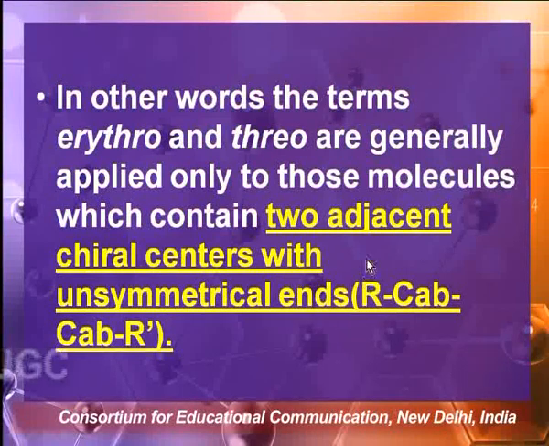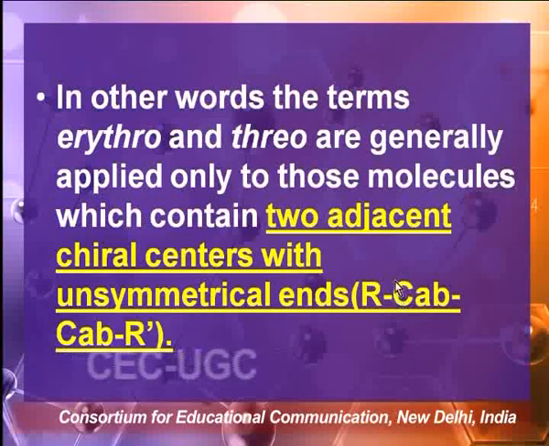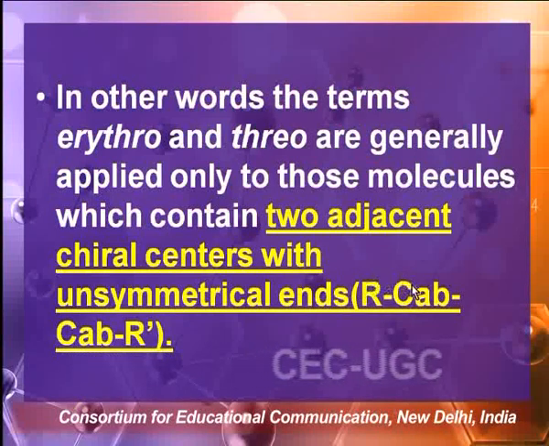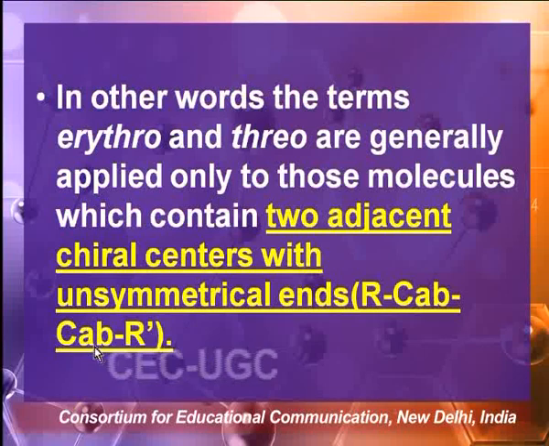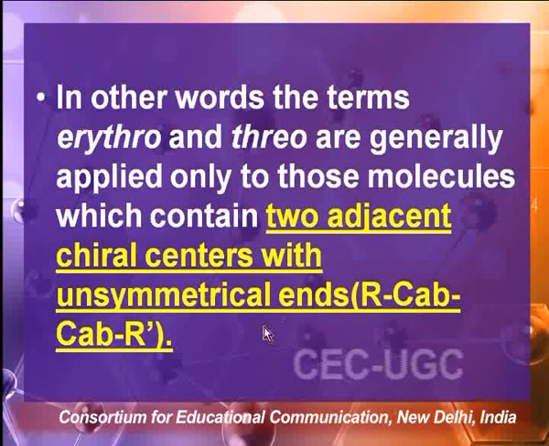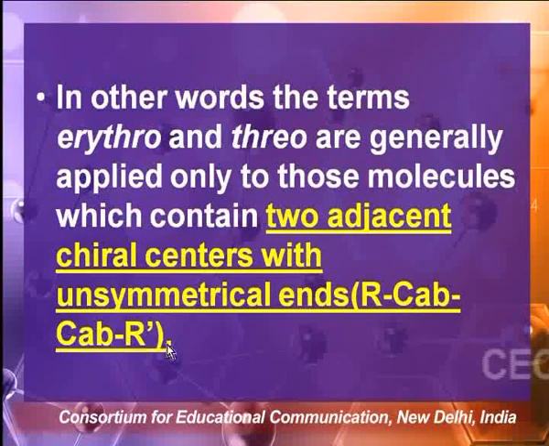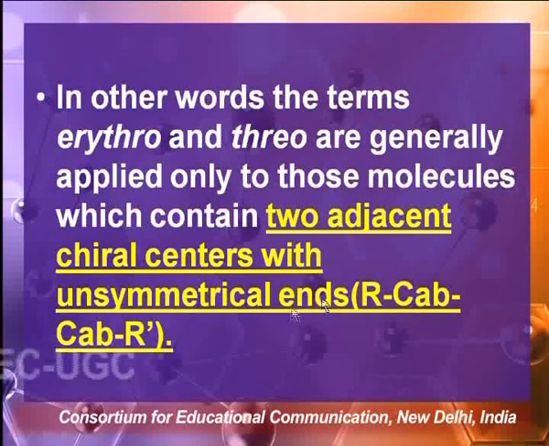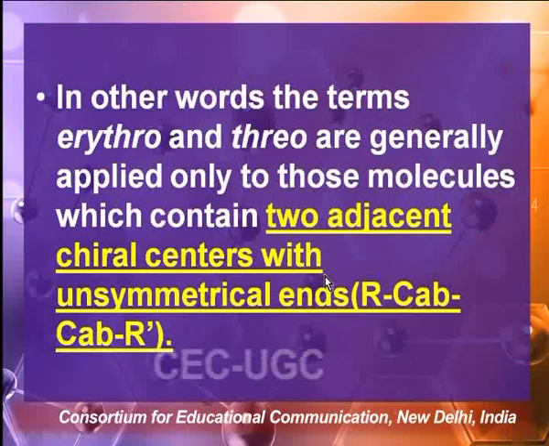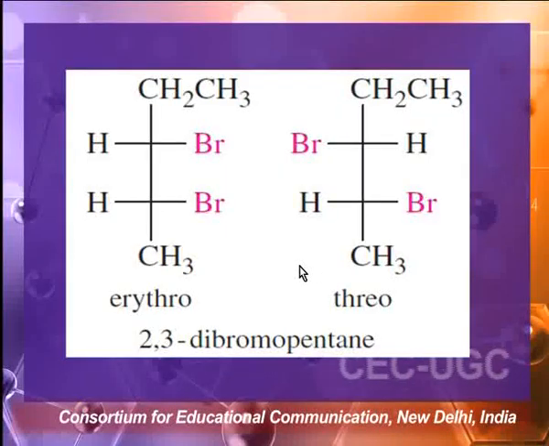For example, I can say we have a carbon which is attached to an R group here, and the two different groups attached to the carbon are A and B. Similarly, the two different groups attached to this carbon are A and B, and the terminals are unsymmetrical, or they are different, that this carbon is attached to one alkyl group which can be a methyl group, and then this is attached to an alkyl group which can be an ethyl group. So the terminal groups also have to be different when we are using the terms erythro and threo.